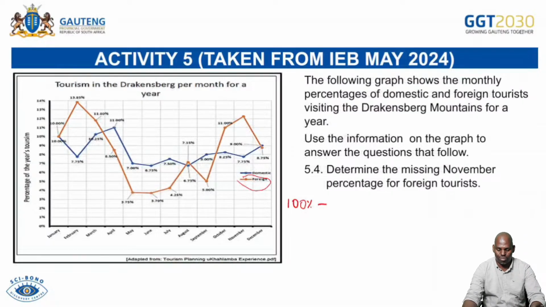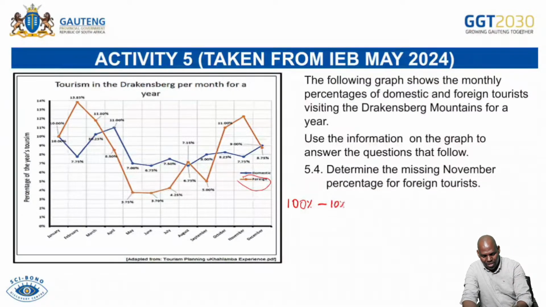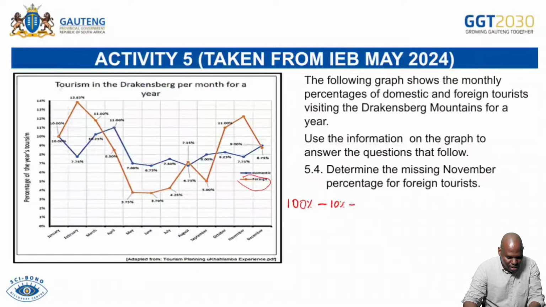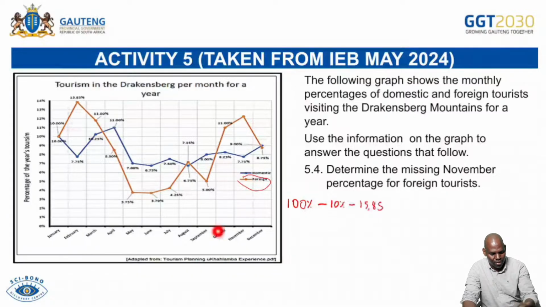all those other percentages. Remember, boys and girls, we just answer the question as is. So from the orange one, the first one is minus 10%. And then the next orange is, I think, 15.85. And then the next one is 11.8. And after 11.8, I've got 8.5, so minus 8.5%.